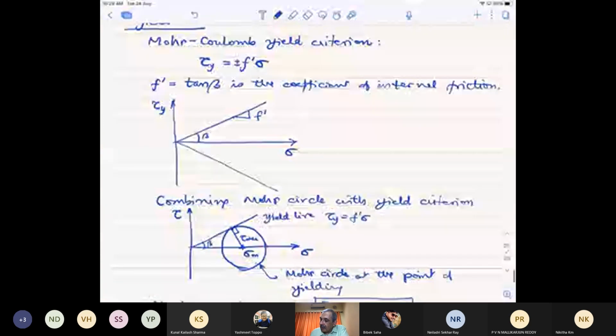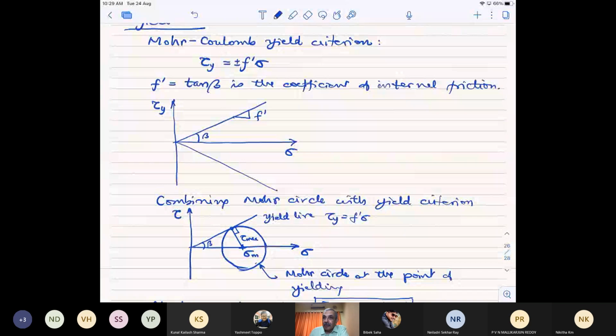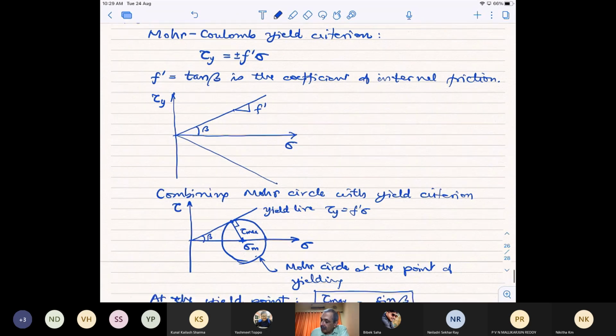And then this is the part, the Mohr-Coulomb criterion, which is the property of the granular material. It says that for the yield to occur, the shear stress must be some constant times the normal stress. So it's straight lines here.